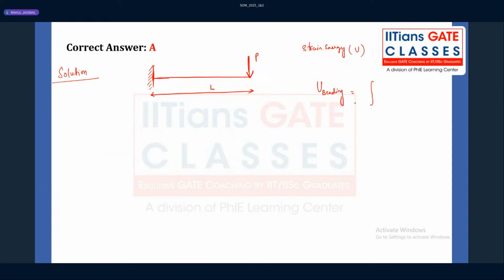So we know the formula, that is integral 0 to L Mxx square dx upon 2 EI, where EI is nothing but flexural rigidity.